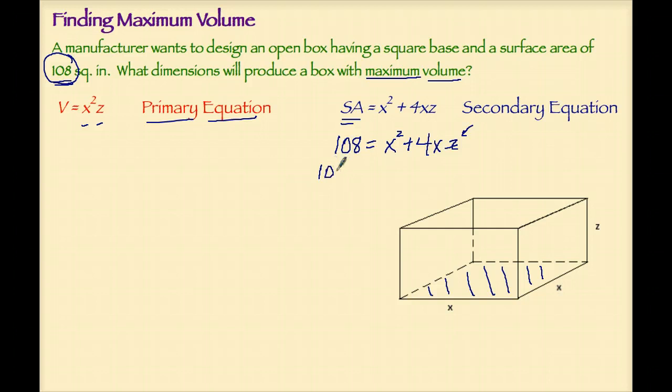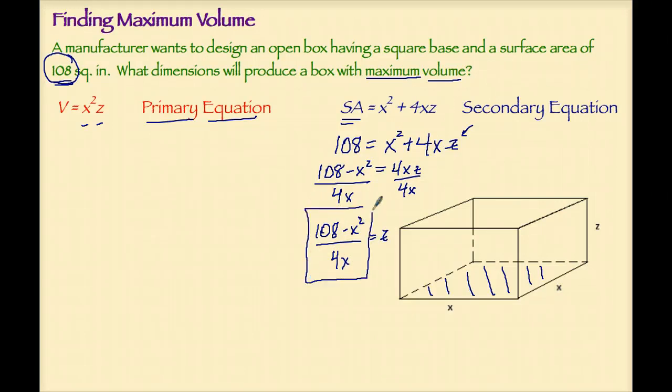If I subtract x squared, that gives me 108 minus x squared equals 4xz. And then dividing both sides by 4x, I end up with (108 minus x squared) over 4x is equal to z. Now, this is valuable.